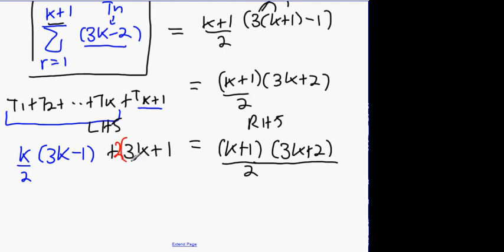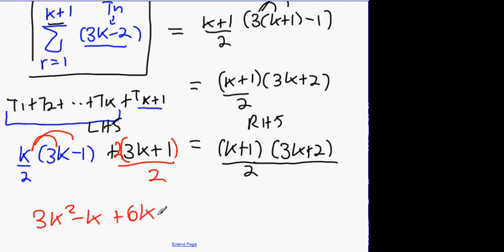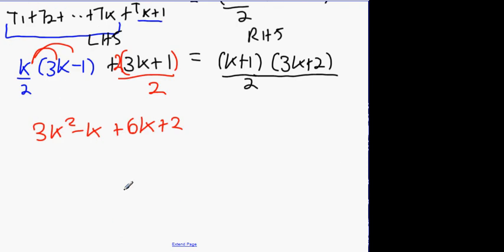So I'm going to put a 2 on the top and 2 on the bottom. Once I do this, I'm going to multiply out. I'm going to get 3k squared minus k plus 6k plus 2 all over 2. And then I'm going to turn that into 3k squared plus 5k plus 2 all over 2.